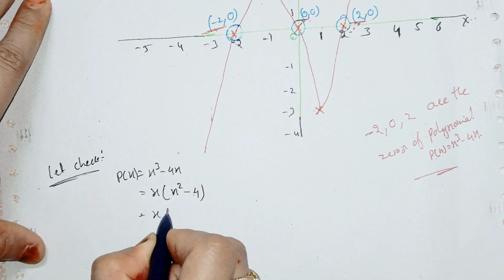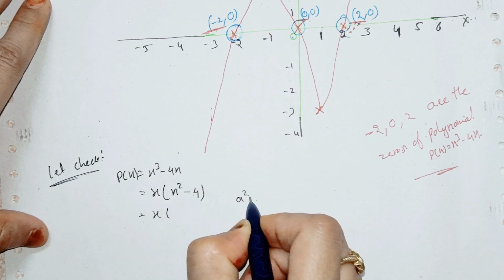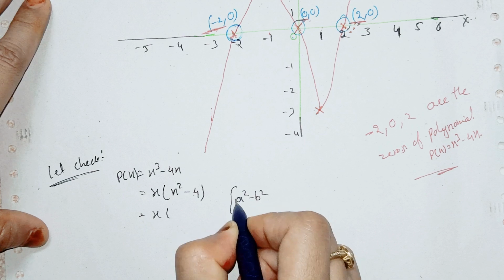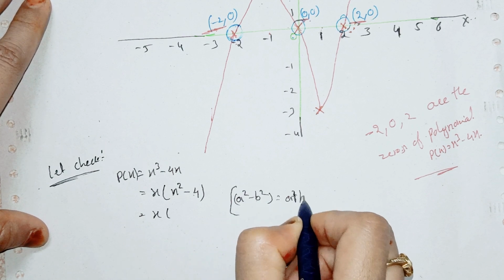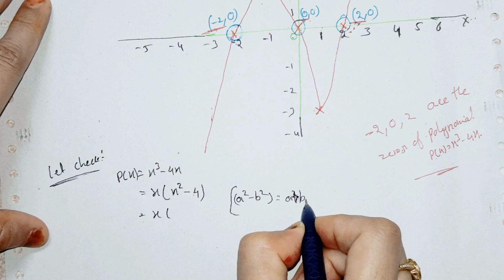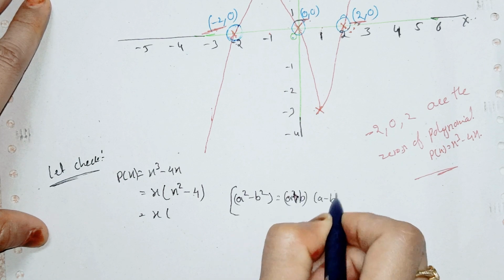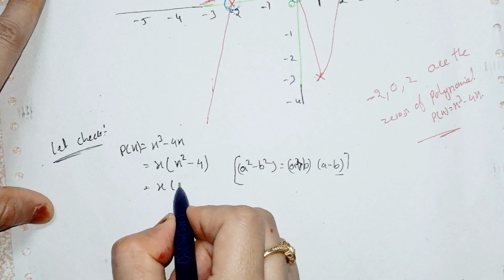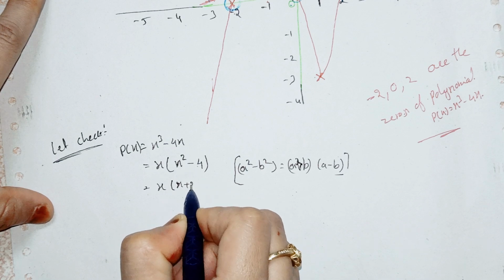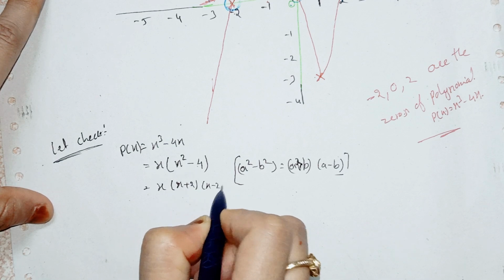So x into, this is in the form of a square minus b square. So formula for this is a plus b into a minus b. So according to this formula, we may write it as x plus 2 into x minus 2.